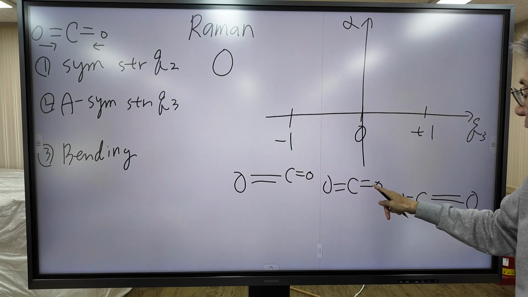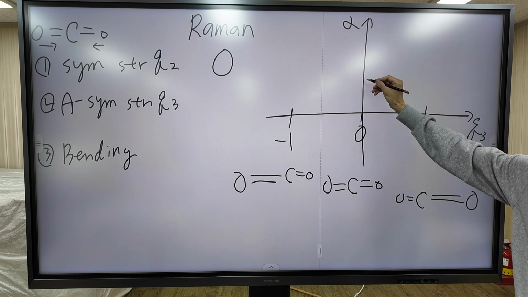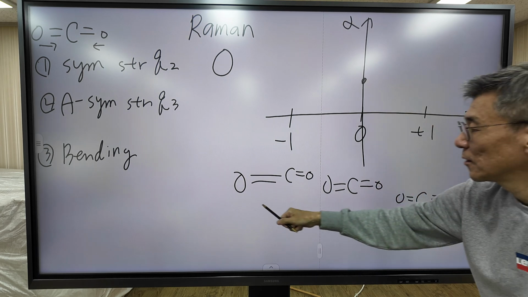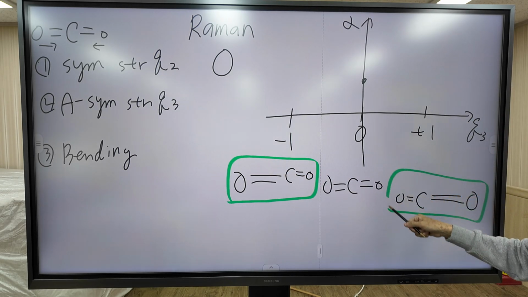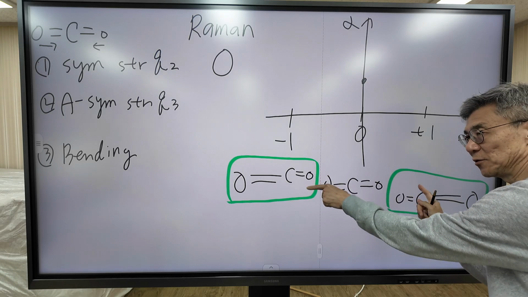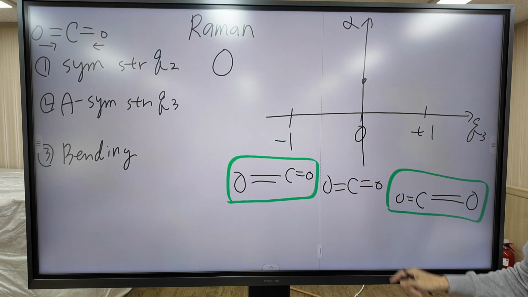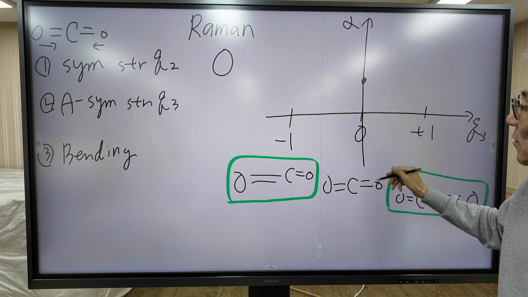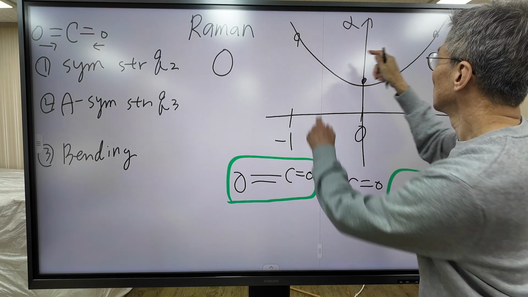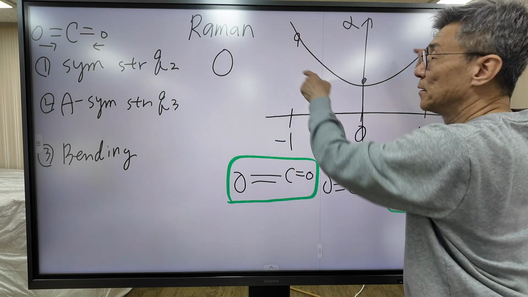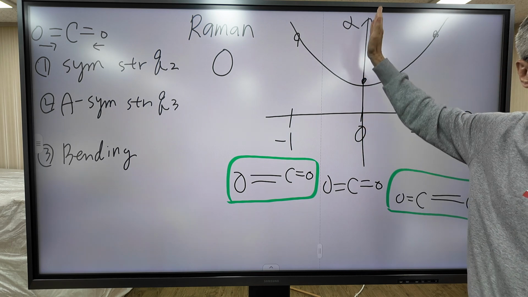Now assume that the polarizability of the molecule at Q3 equals 0 is this one. Compare the polarizability of these two shapes. Actually, the polarizability of these two shapes must be the same, right? So the polarizability function looks like this, symmetric about the y-axis.